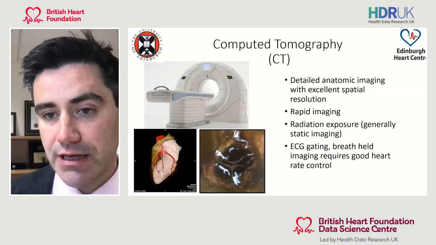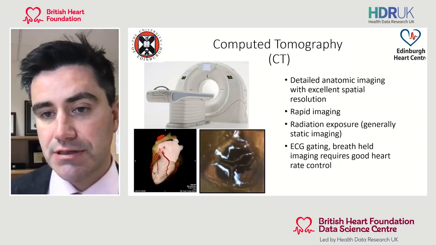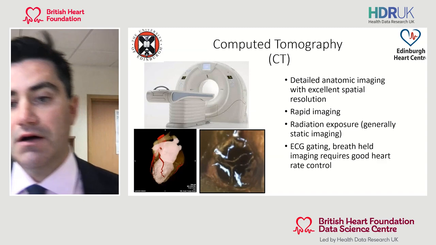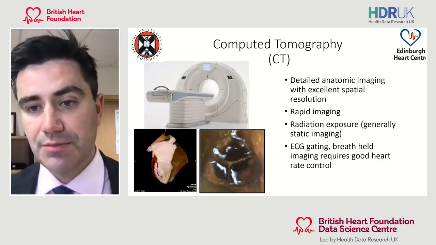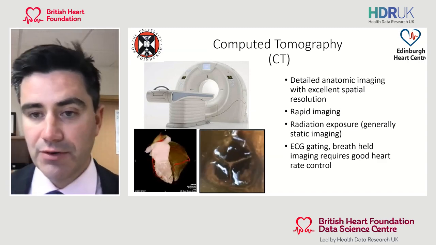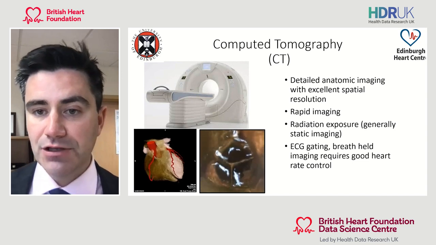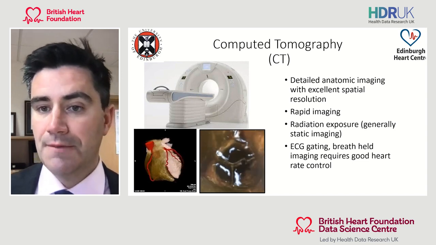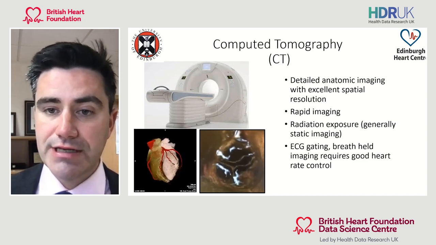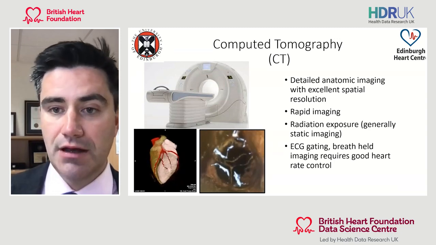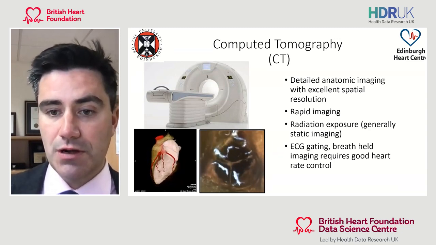The slight issue with it is that there is a radiation dose associated with it. These doses are relatively small and they're decreasing, but they're not zero. And so we have to be wary about multiple scans in a patient's lifetime. But nevertheless, this is increasingly being used in clinical practice and in research purposes as well.